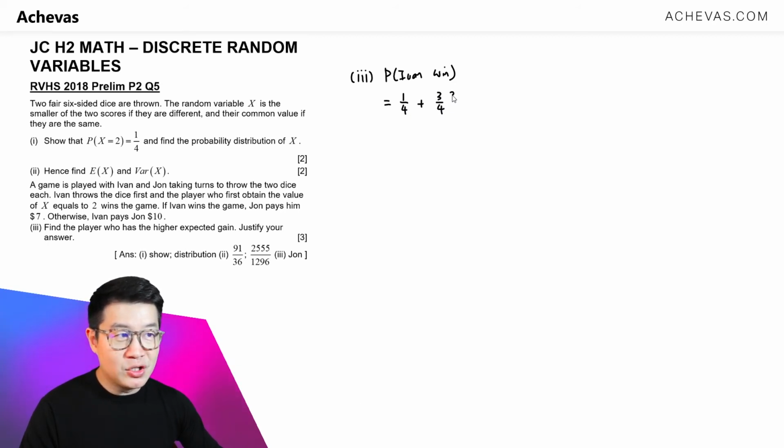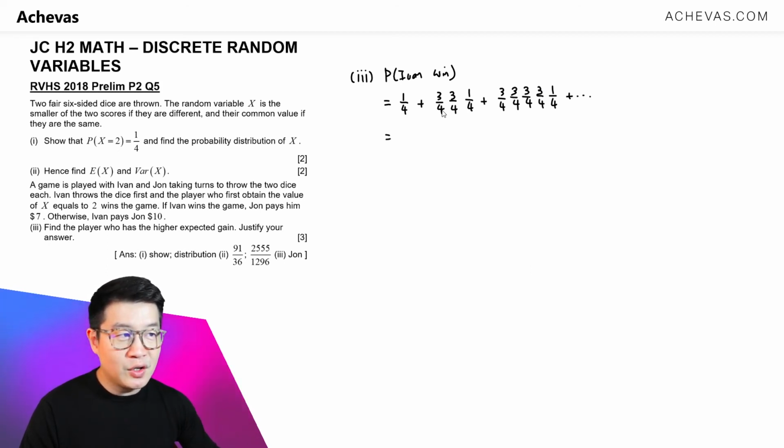John plays the game and John is also not winning, 3/4. And then Ivan wins, so it's going to be 1/4. Or it can be Ivan not winning during the first game and John not winning during the next game, and then it will be back to Ivan, and Ivan is still not winning and John is also not winning. Then Ivan gets to play again and Ivan wins, and I can continue and continue and continue.